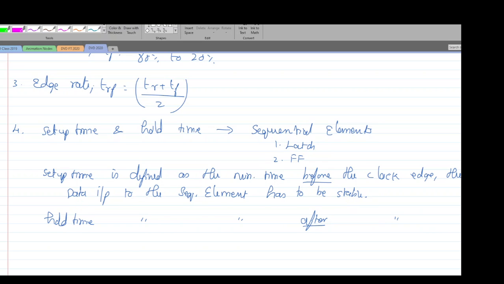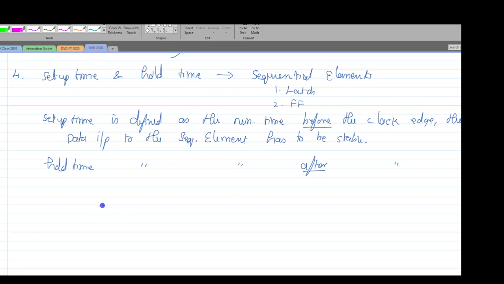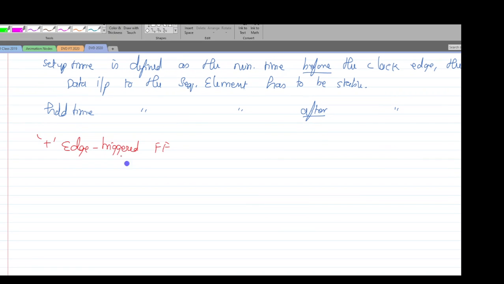Let me define them with respect to a positive edge triggered flip-flop first, followed by the same set of definitions with respect to a positive latch.